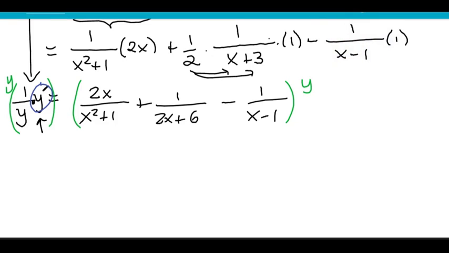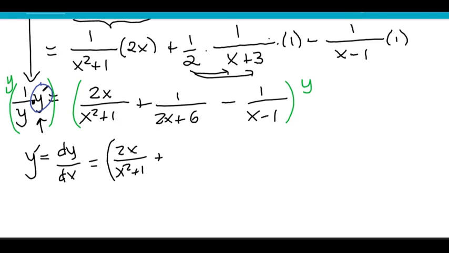Then I have to rewrite this in terms of y, and I'll show you what I mean. So y prime, or if you want to call that dy/dx, is the whole right side times y. So I'm going to rewrite the right side real quick: 2x over x squared plus 1, plus 1 over 2x plus 6, minus 1 over x minus 1, times y.